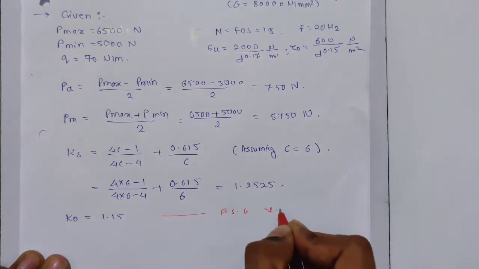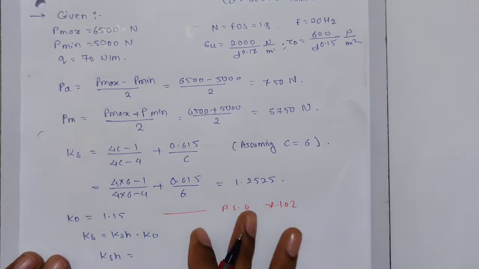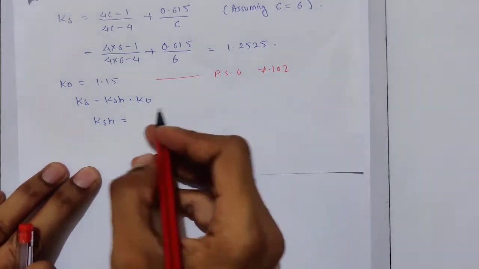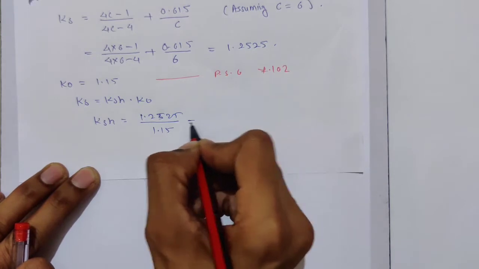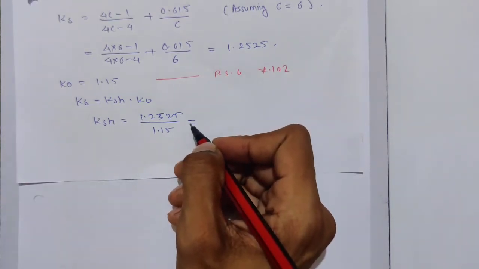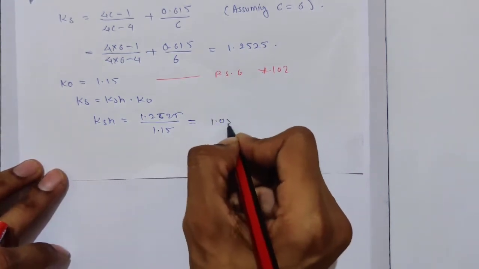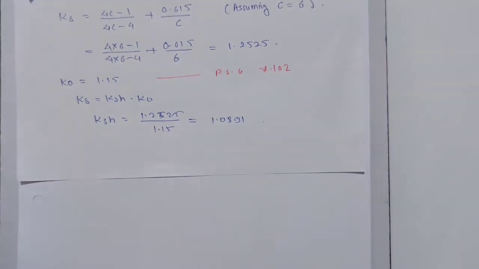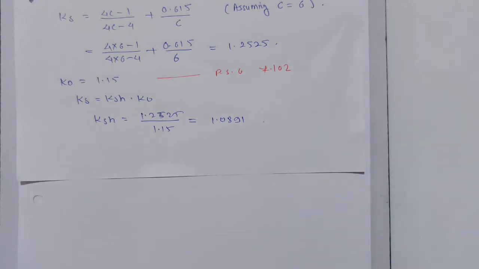Now you know the relation, Ks is equal to KSH into KO. From this KSH is equal to 1.25 divided by 1.15, and you will get a value of something like 1.0891.